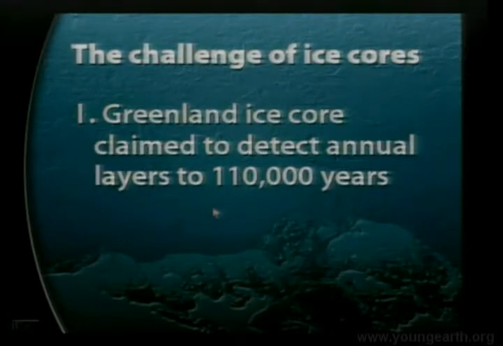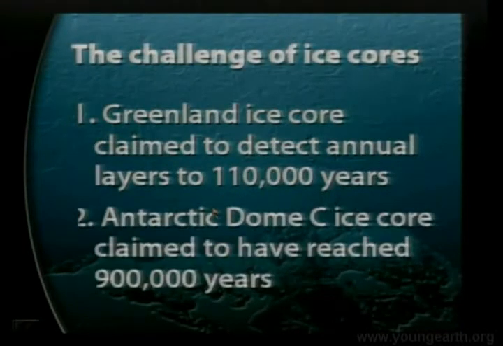What do we do about that? Is that true? And just recently, the Antarctic Dome C core reached what they believe is 900,000 years. Well, how do they determine that? Is it really that old?